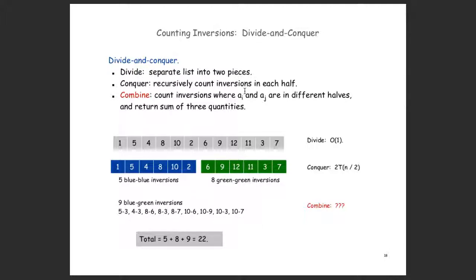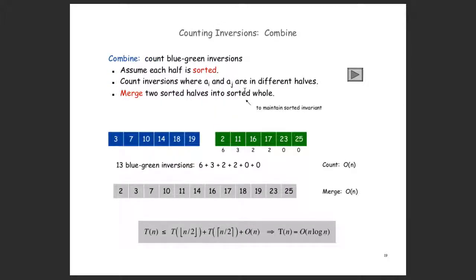We need to find the number of inversions between green on one side and blue on the other, or blue-green inversions, since we divided our list into two halves. How can we make that fast? If we don't make it order of n, we are not going to get our beautiful n log n.